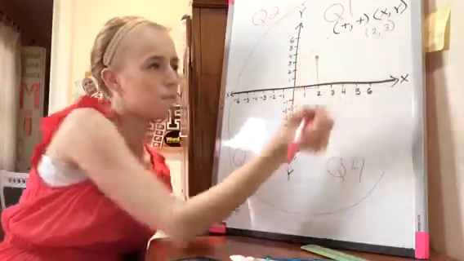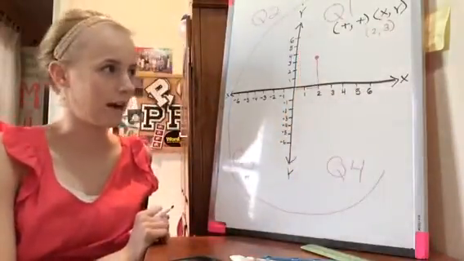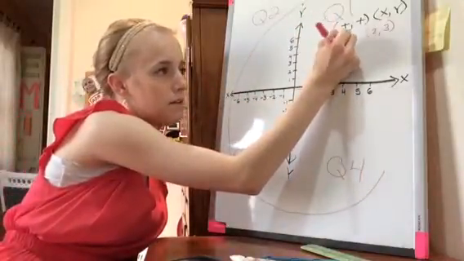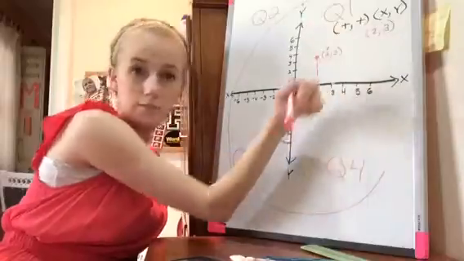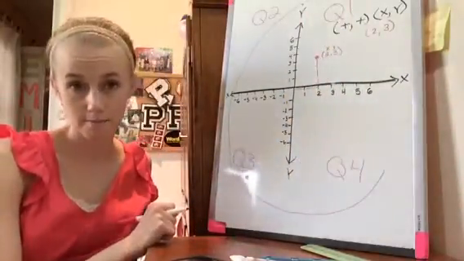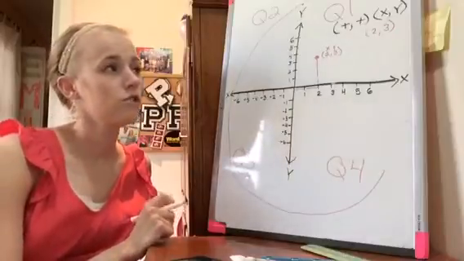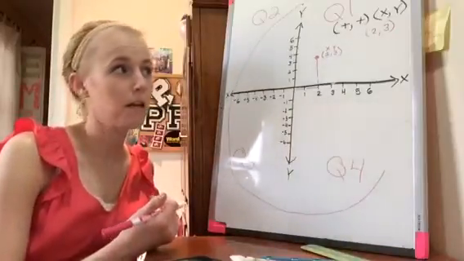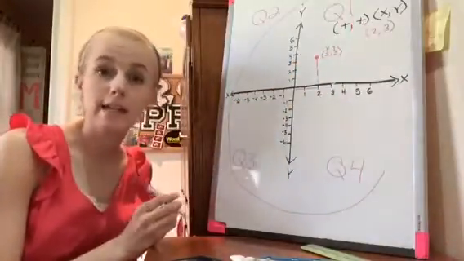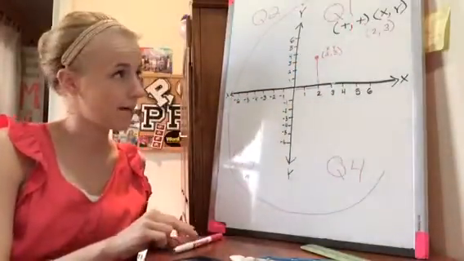And that's where my point would go. This would be the point 2, 3, because the 2 is my X and the 3 is my Y. This one was pretty easy, but not all the quadrants are positive, positive.